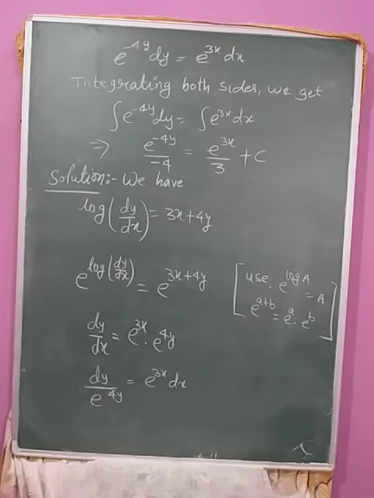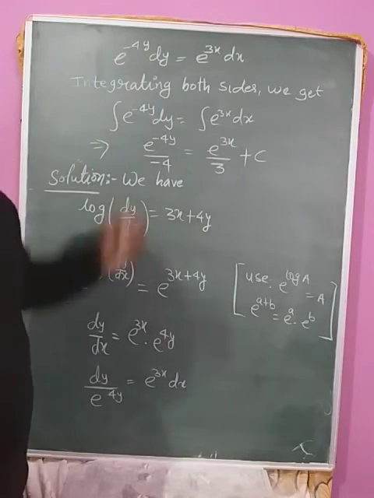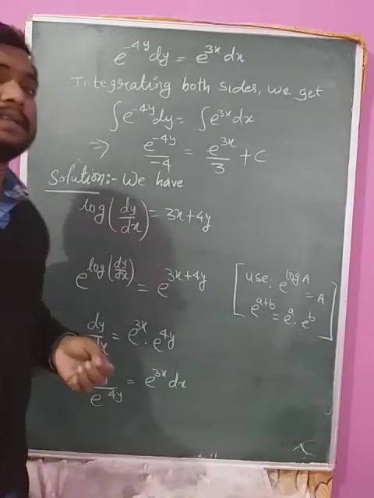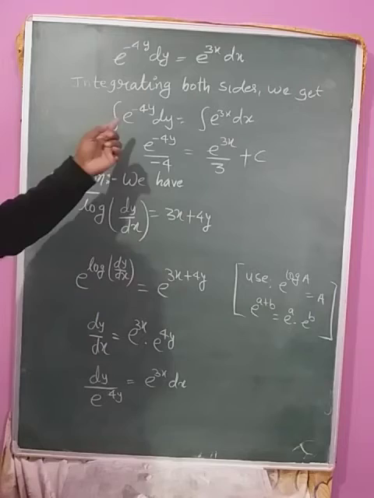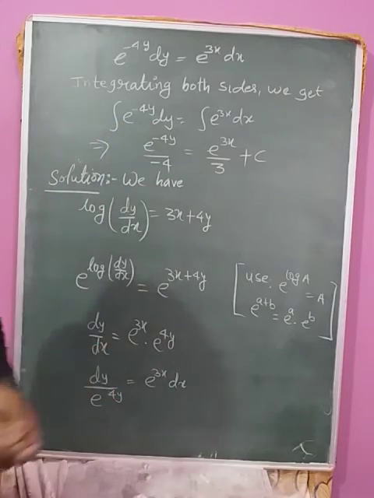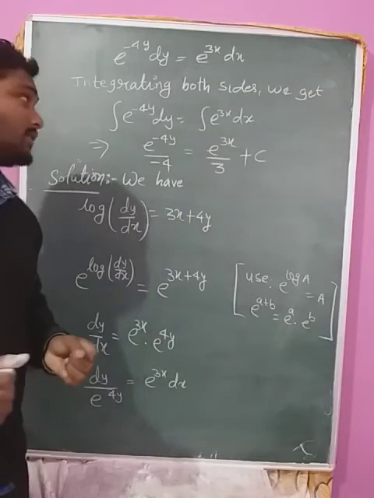And hence e to power minus 4y dy equal to e to power 3x dx. Integrating both sides, we get integration e to power minus 4y dy equal to integration e to power 3x dx.